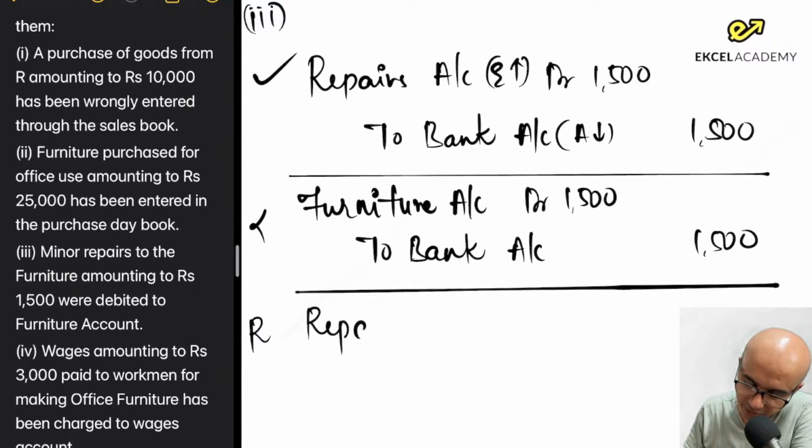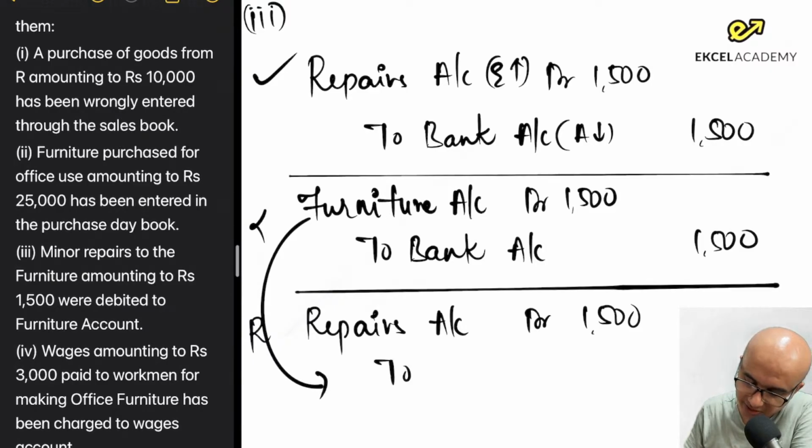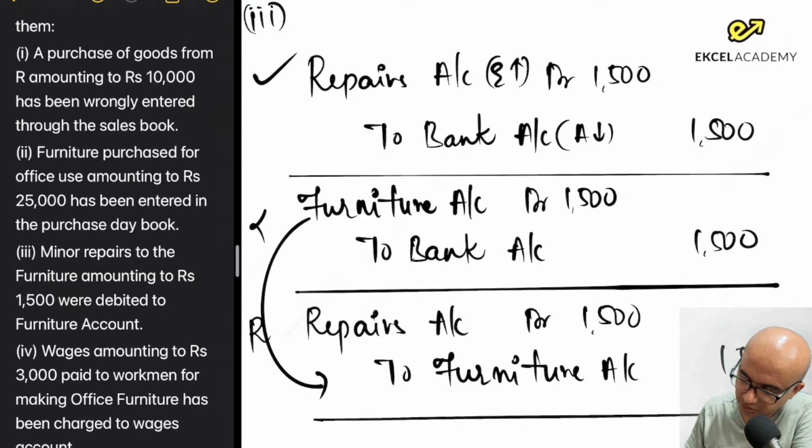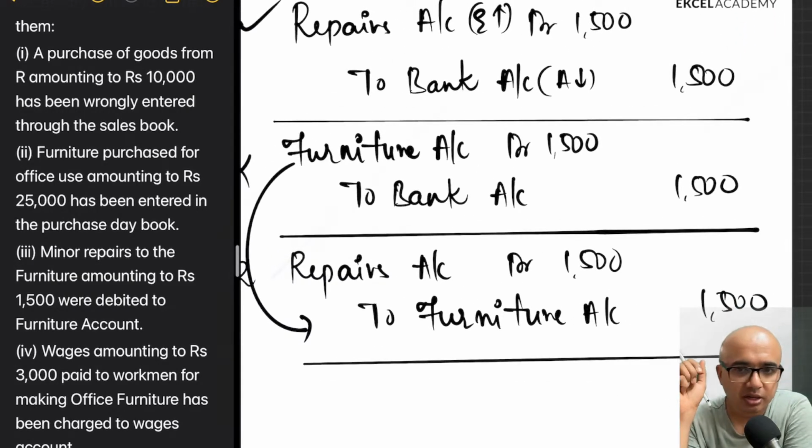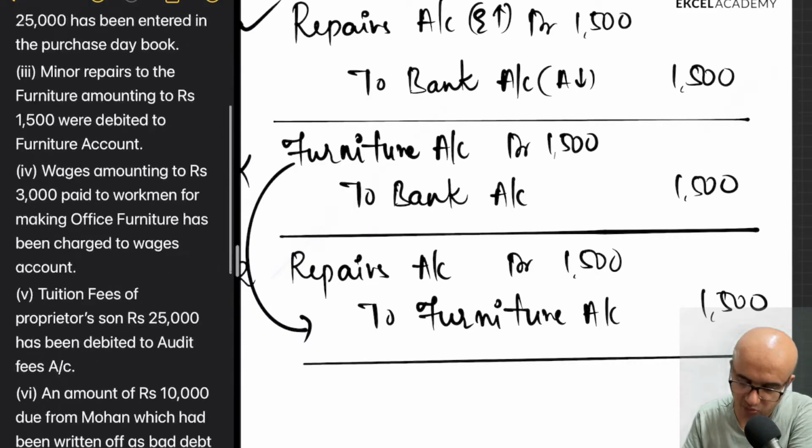Give the right debit to repairs, which they should have, 1500, and rectify this wrong debit by reversing it, crediting it to furniture, 1500. That's all. So that is the entry which you should be recording to rectify the error. I hope it makes sense. Let's move on.